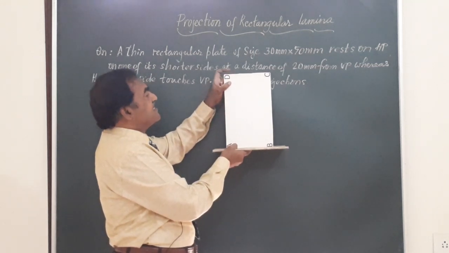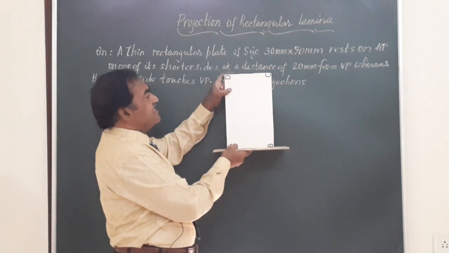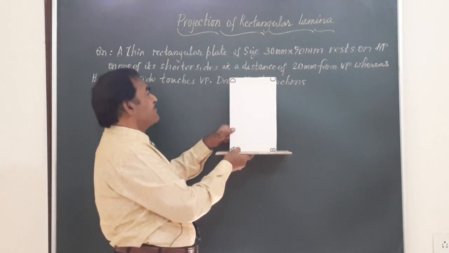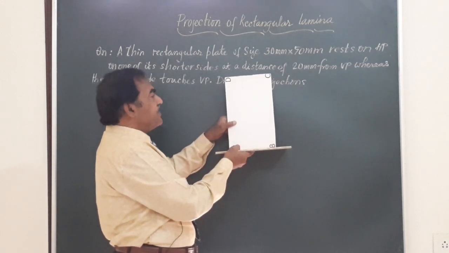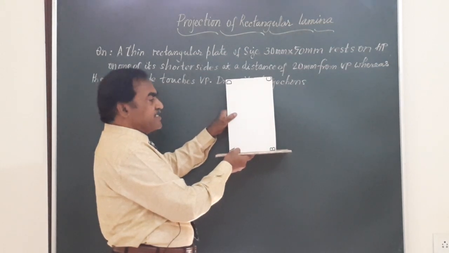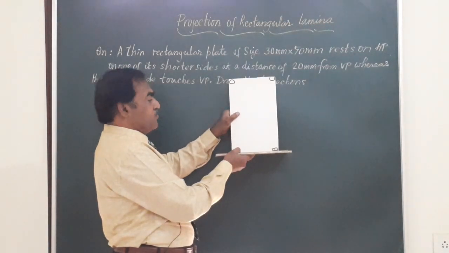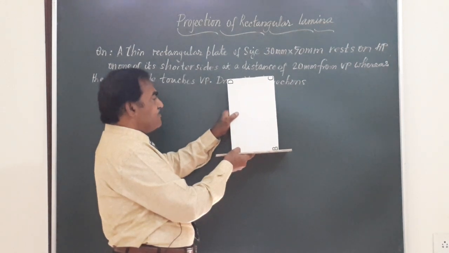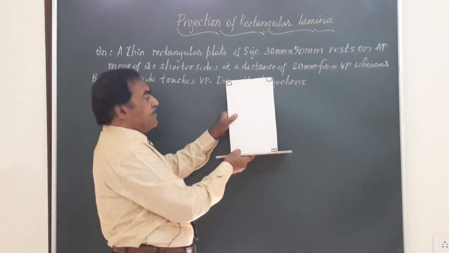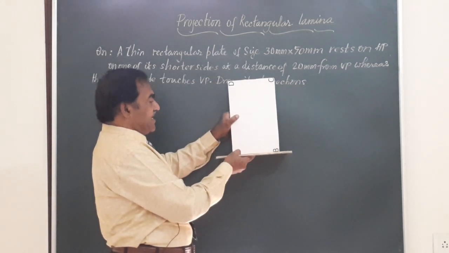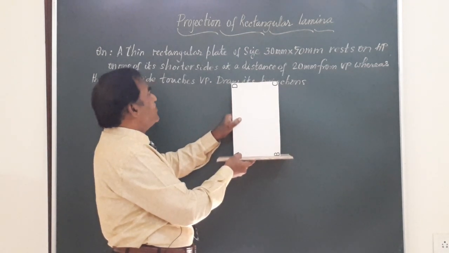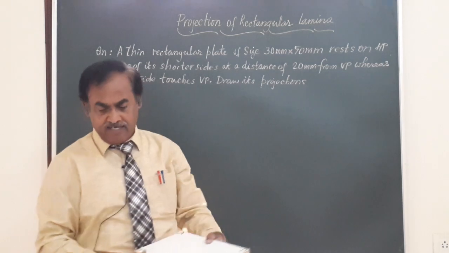The top view is a shorter line CD, and the end view is a line of 50 mm, because when you see from the left, the shadow of this falls on the right profile plane, and that will have a length equal to 50 mm. So, holding this lamina on HP on one of its sides with the shorter edge parallel to VP at a distance of 20 mm from VP, I am going to get the front view a rectangle, the top view a line of length 30 mm and the end view a line of length 50 millimeter.